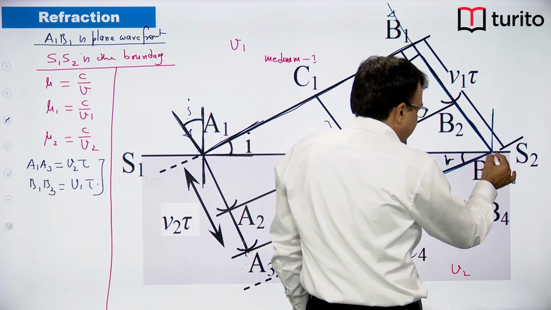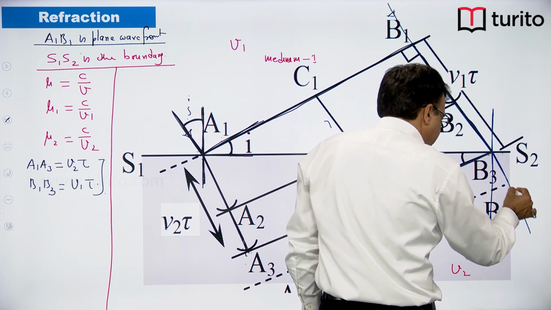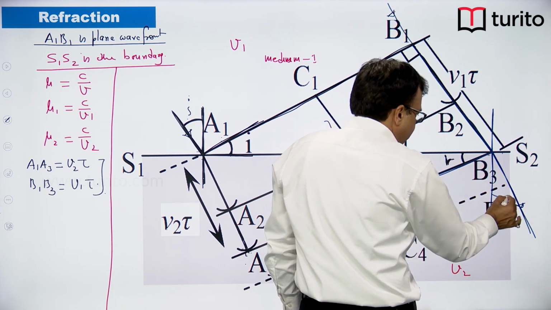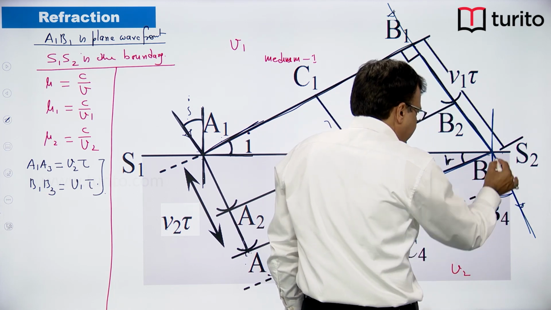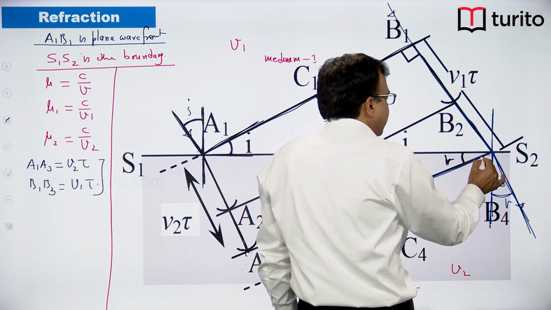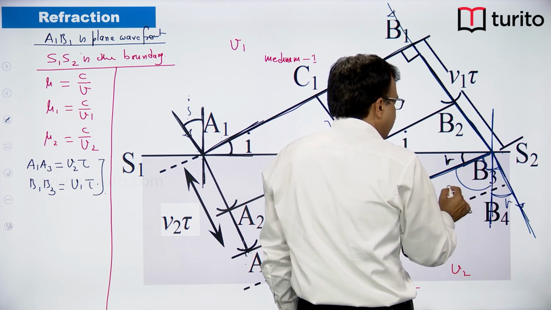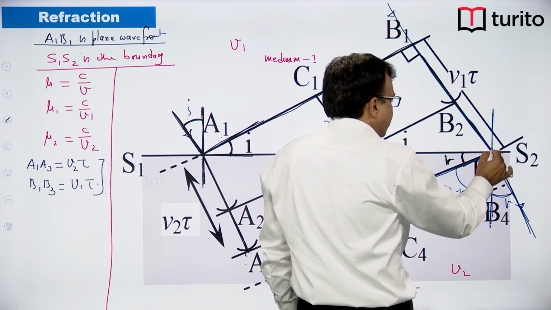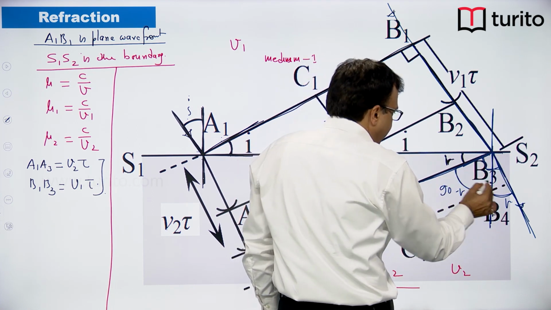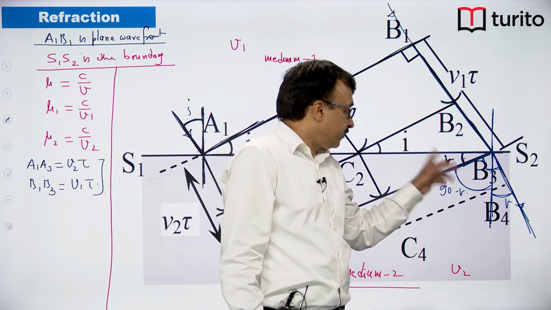So, I am considering a line perpendicular to the refracted wavefront. This is the refracted ray. The angle between the normal and the refracted ray is called the angle of refraction. Now, this total angle is 90 degrees, because the wavefront and refracted ray are perpendicular. So, this becomes 90 minus R, but this is the normal to the boundary, this is horizontal, this is the vertical line, so this angle is 90 minus R, so this becomes R. So, this angle is the angle of refraction.